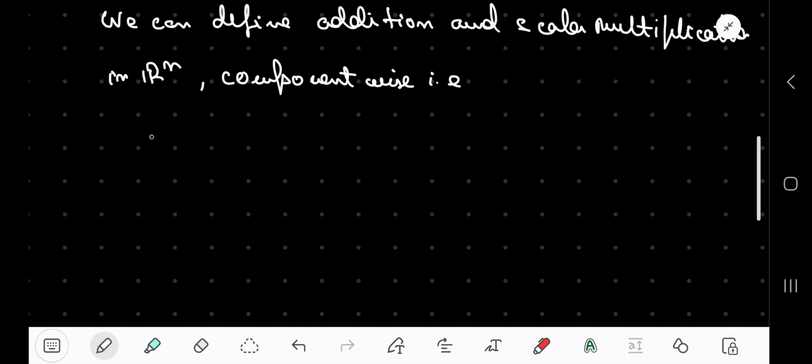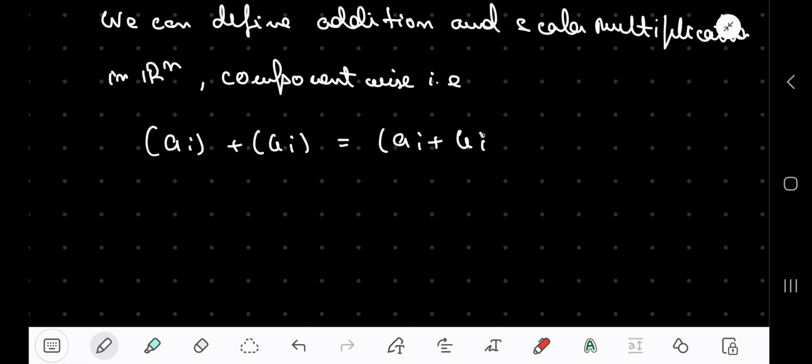That is, if I have ai plus bi, it will give me the tuple of ai plus bi, and a scalar times ai will give me the tuple of scalar times ai.